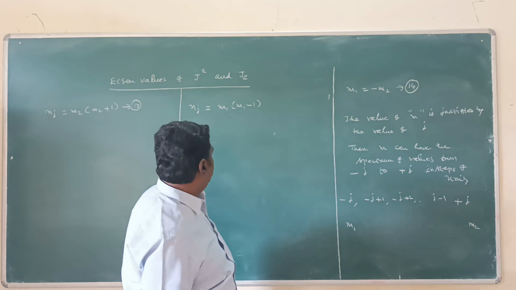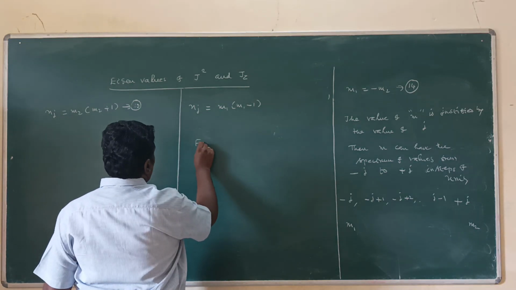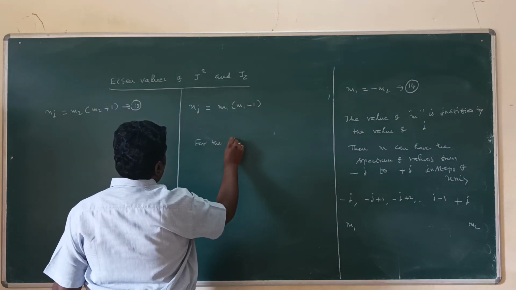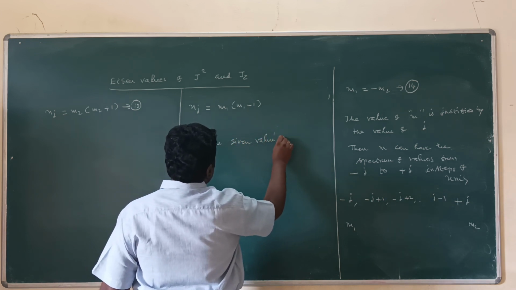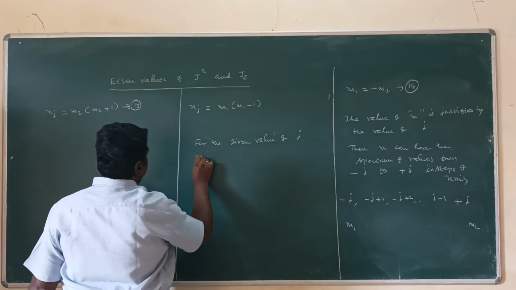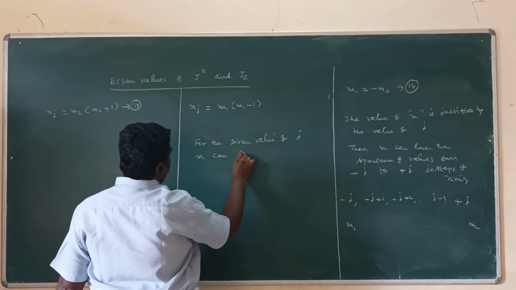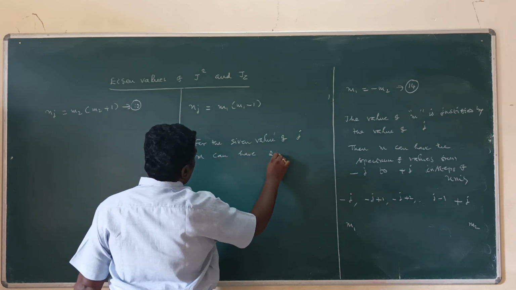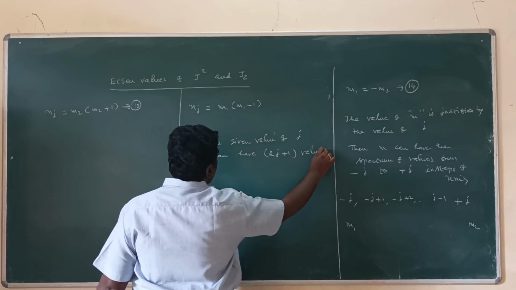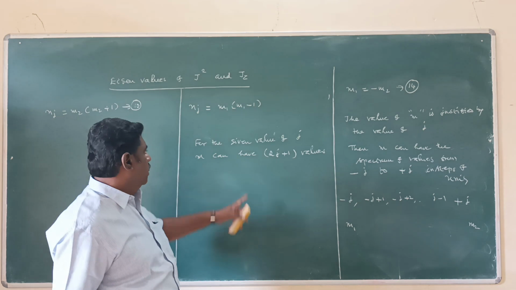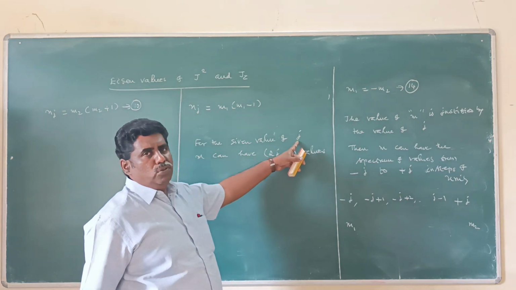For the given value of j, m can have 2j plus 1 values. Here, j is given to you.